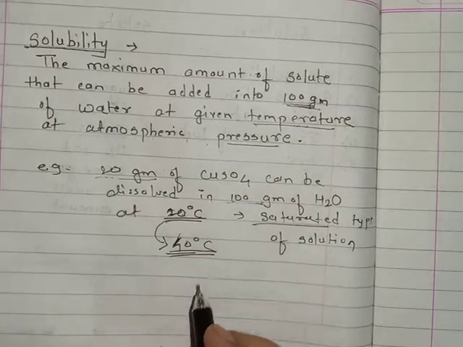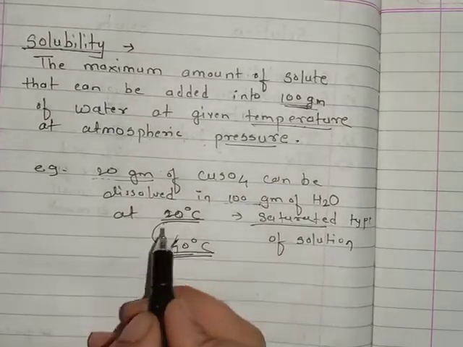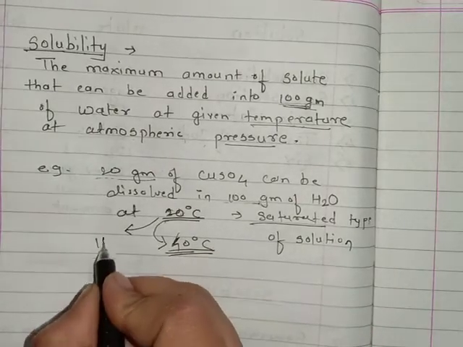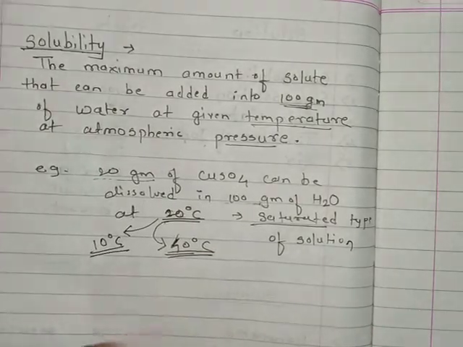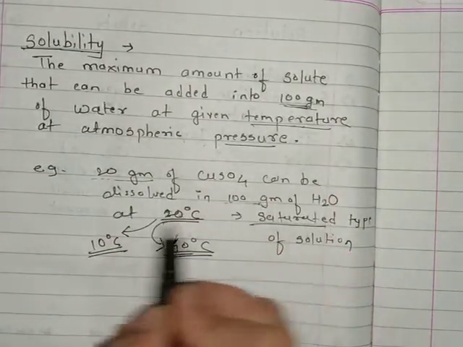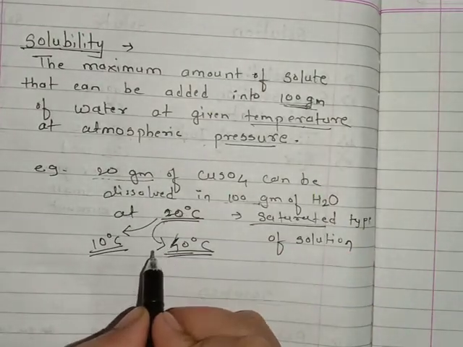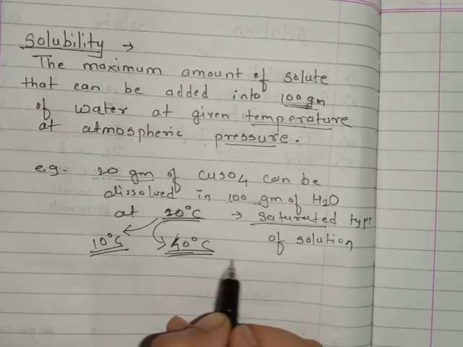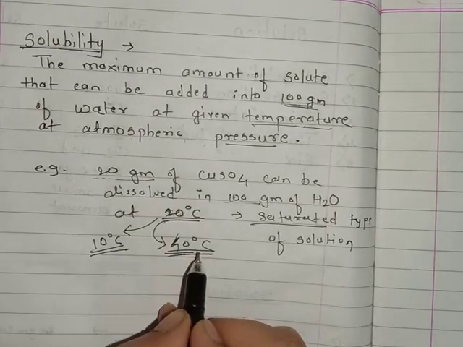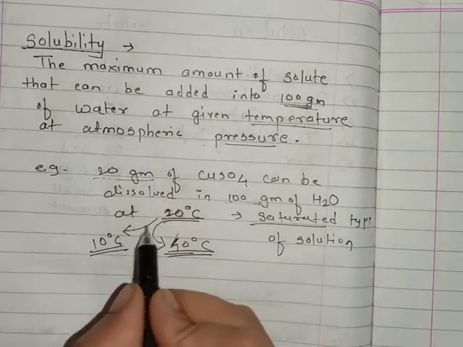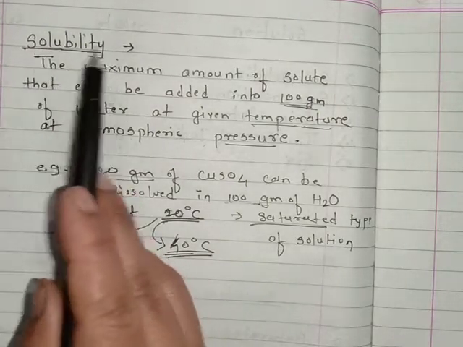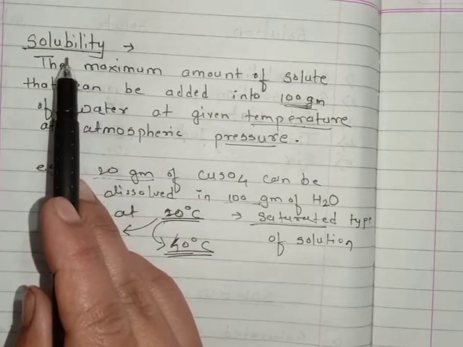Now take a reverse situation. If we lower down the temperature of this sample to 10 degrees Celsius, then what will happen? This is the situation for saturated solution. If we increase temperature, it will become unsaturated, means in that we can add more solute here. But if we decrease the temperature, then what? Then solubility ultimately decreases.